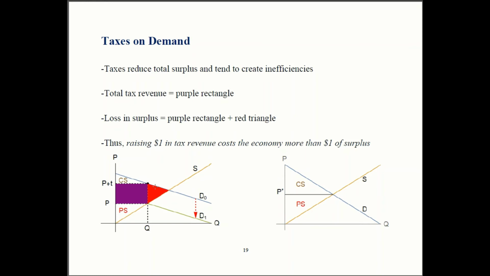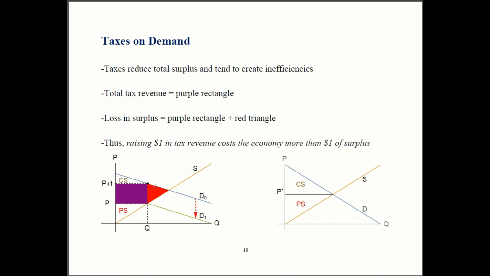So if I'm willing to pay you $9 for a widget and you're willing to accept $7, if we trade at a price of $8, both of us are happy. Both of us get $1 of surplus from that. Unfortunately, if you put a tax of $5 in place on widgets, now that transaction is not going to happen.